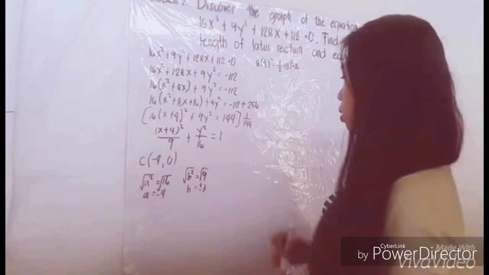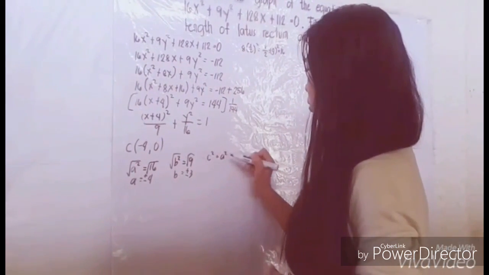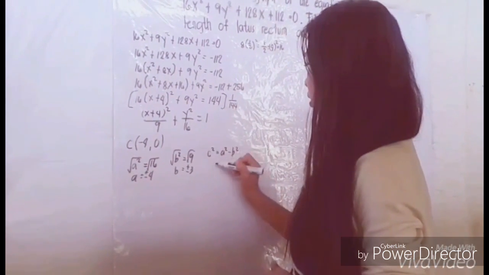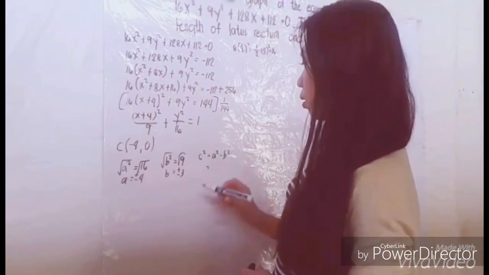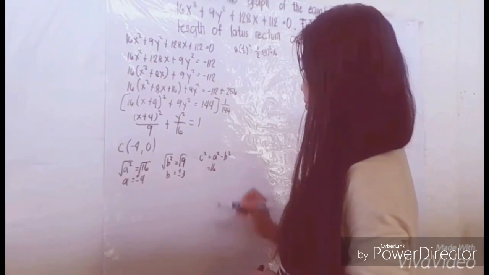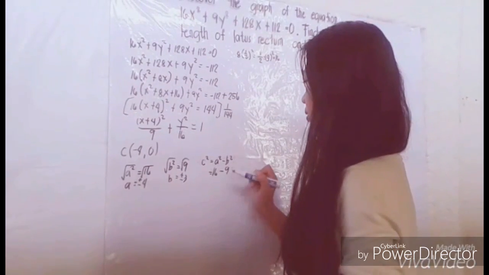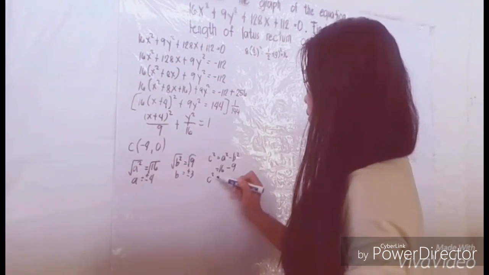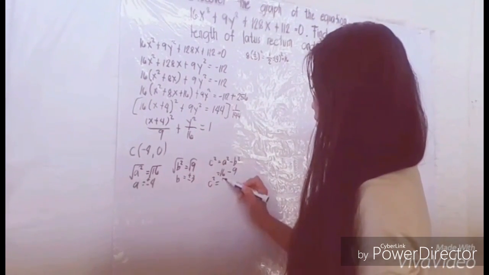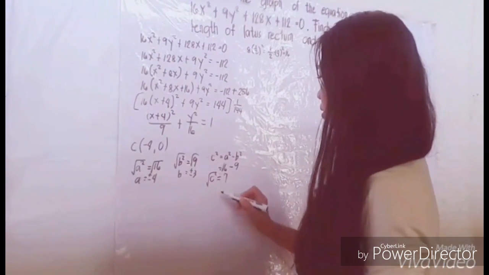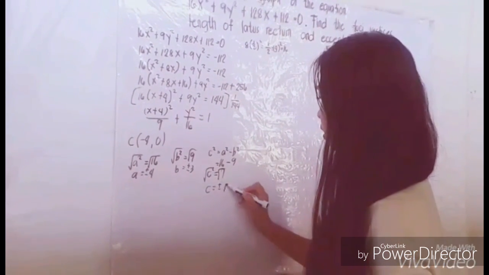And to find our focus, we have this formula: c squared is equal to a squared minus b squared. Substituting, we have a squared equal to 16 minus b squared equal to 9. So we have c squared equal to 7. Taking the square root, we have c is equal to plus or minus the square root of 7.